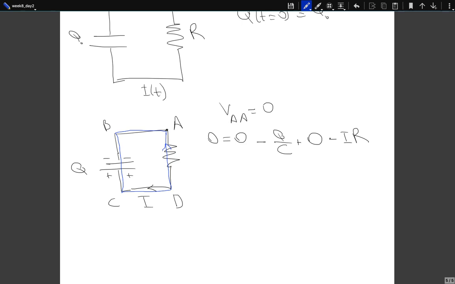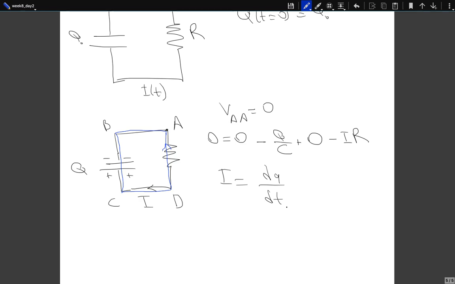Now I need to use the definition of the current. I is at the same time dq by dt. This is how we define the current. And this dq is essentially just on the wire. Pick any point, this point. There is a charge dq passing in that sense in a time dt. So that is how we define the current.